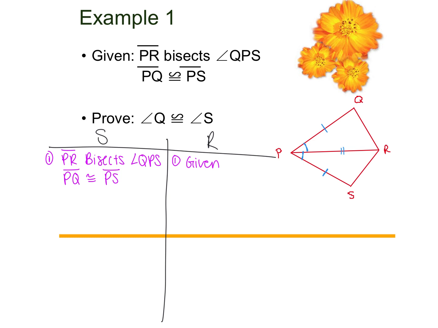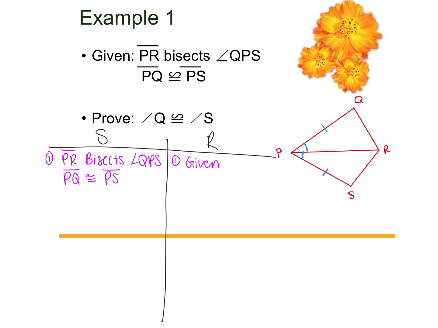Looking at this image, next, what can I see? I kind of already drew it, but that would be my next step. What am I able to identify here? I always tell you guys, look at the image. Is there anything else that I can tell is congruent here? Anybody? What else can you tell is congruent here?